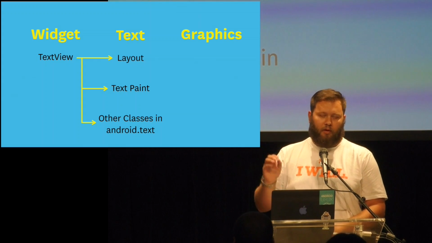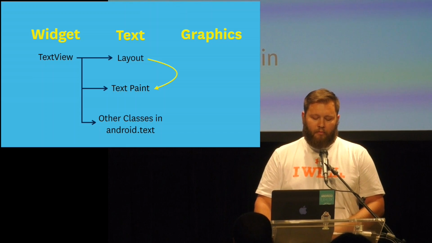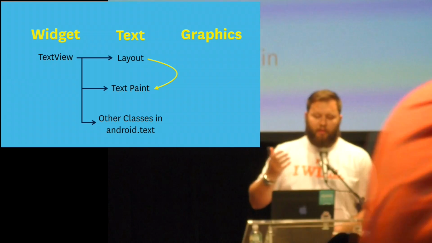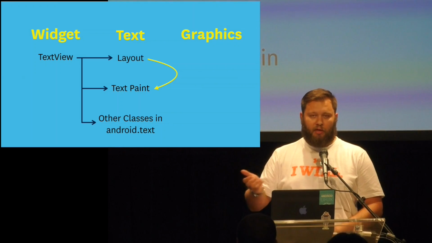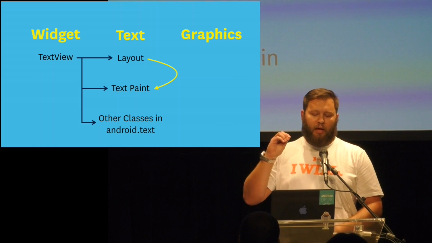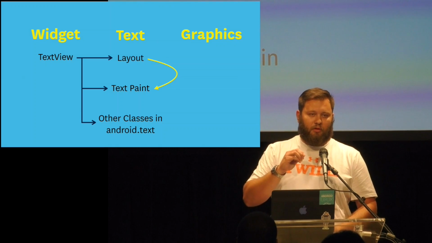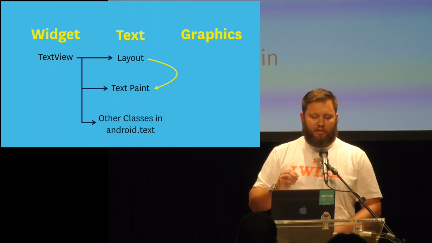If you've ever taken a look at the source code for it, it's pretty deep. After working with all of those, the next interaction you'll see is the layout going to the TextPaint, because this is where all of the font metrics are stored. Everything that Android and the native libraries need in order to actually draw the text on the screen happens between the layout and the TextPaint.